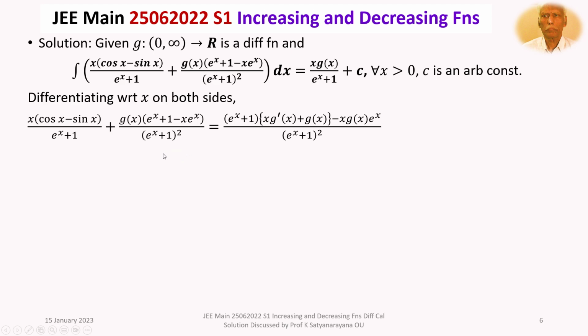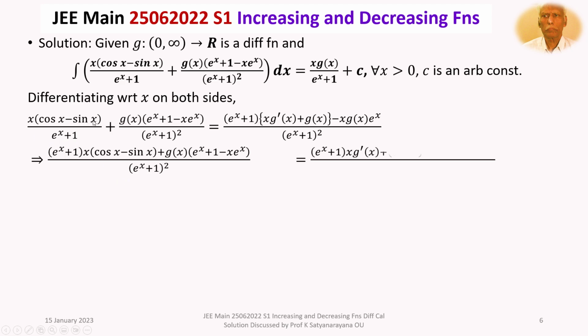Now take the LCM on the left hand side. That will be (e^x plus 1) whole square. Then you have to multiply the first term by e^x plus 1. So (e^x plus 1) into x into (cos x minus sin x), plus the remaining things as they are, because you have taken the LCM.